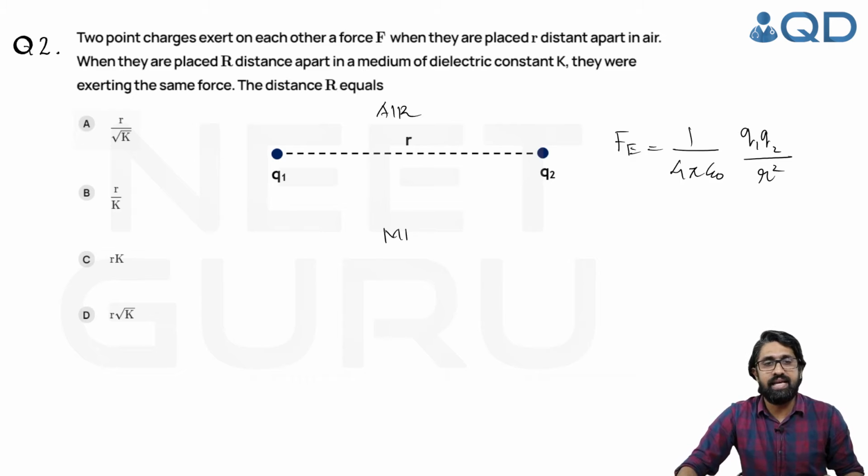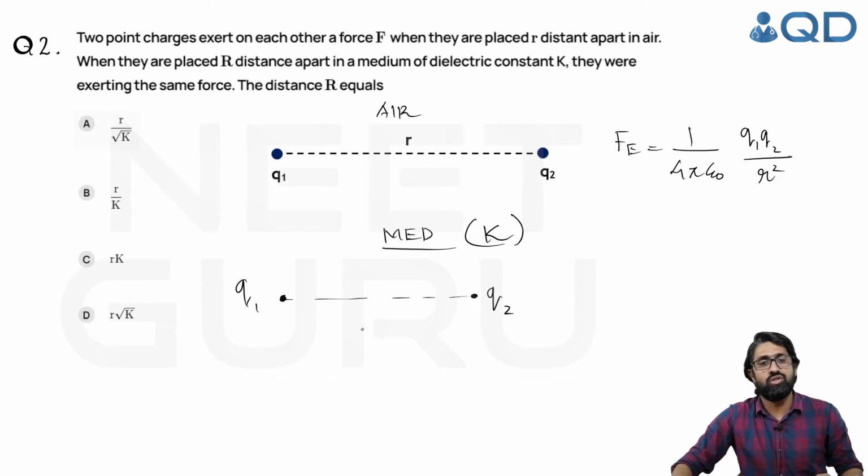Now, in the second case, these two charges were kept at some separation capital R in another medium of dielectric constant K. Now, you'll have two charges Q1 and then you have Q2.